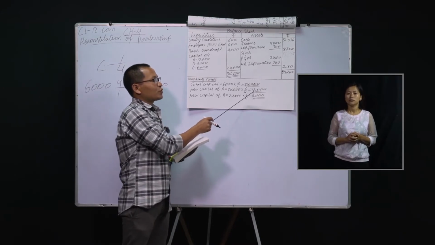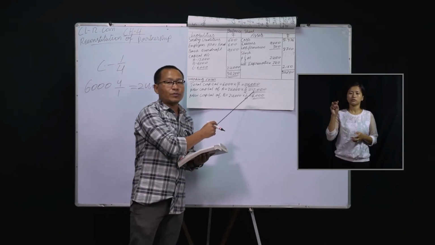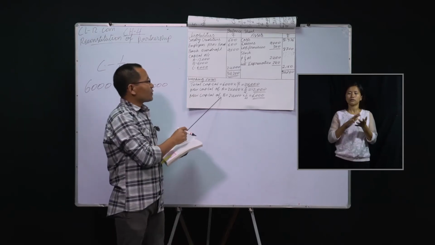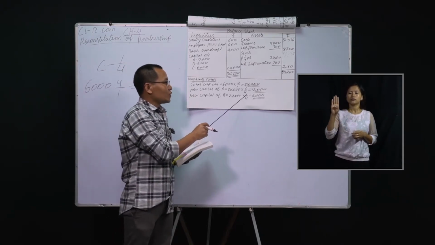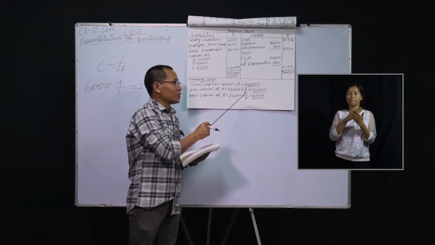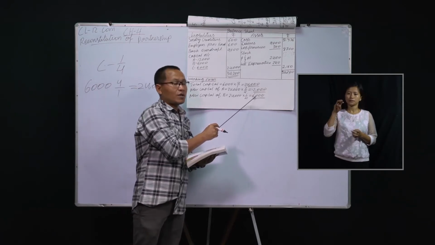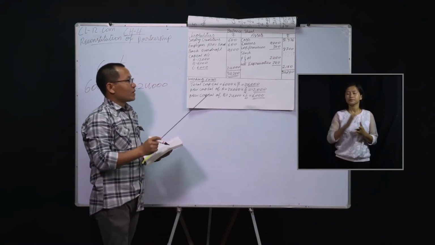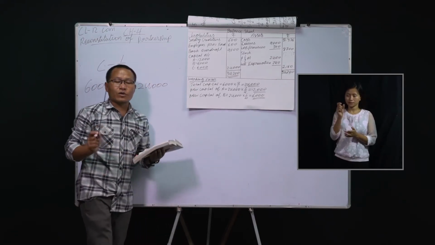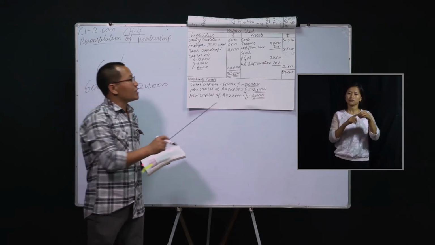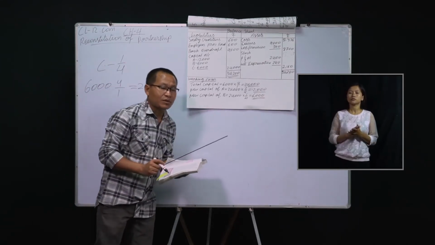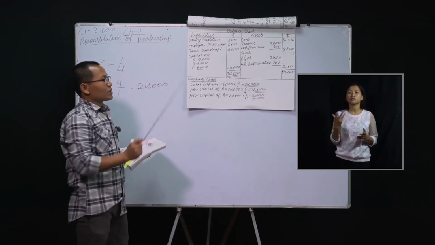So his capital should be 12,000 in the new firm. And also new capital for B is 24,000 into 1/4. His new share is 1/4. So it will be 6,000. And also for C, the new partner, it is already stated in the question that he brings in 6,000 as his capital.